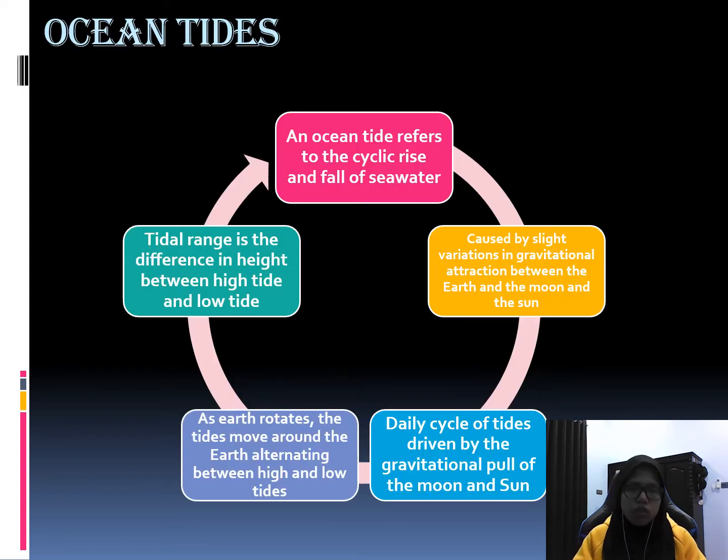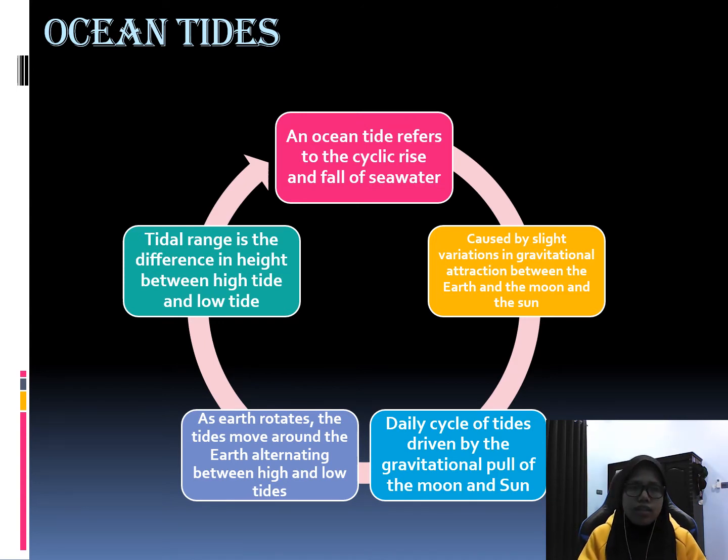Next, we will also discuss the ocean tides, and how the tides actually occur. As a definition, ocean tides refer to the cyclic rise and fall of seawater, which is caused by slight variation in gravitational attraction between the Earth and the Moon and also the Sun.